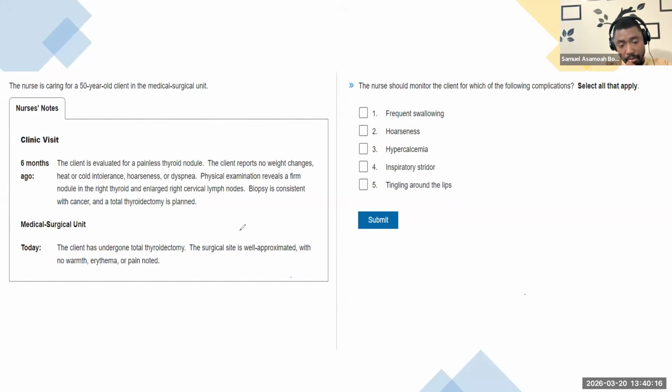Which diagnosis do you think this patient is having? Hypercalcemia. Hyperthyroidism. Okay. Did they treat it? Yes, a total thyroidectomy was done. After a total thyroidectomy, what are you expecting?